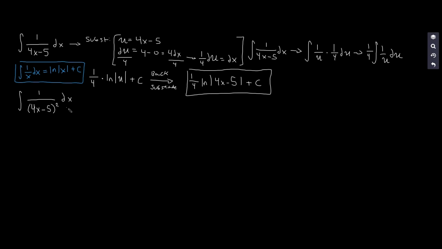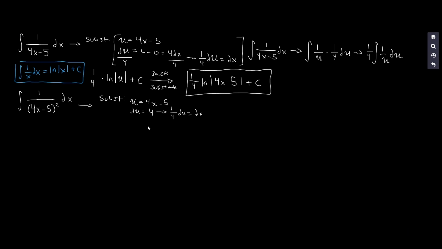But we can do the exact same thing. We're just going to substitute. Let u equal 4x minus 5, and du, its derivative, will be 4. And then just like from before, we're going to divide both sides by 4. We're going to have 1/4 du equals dx.